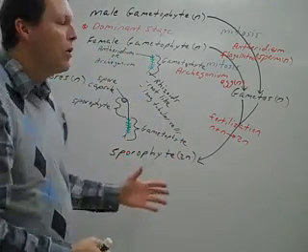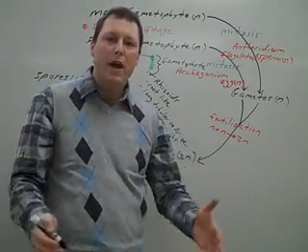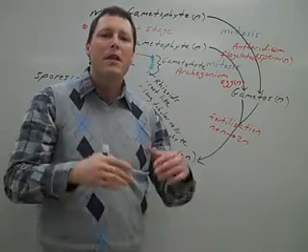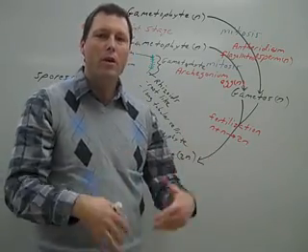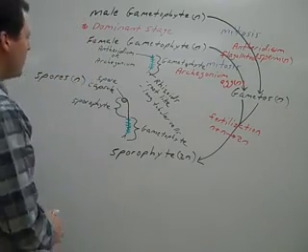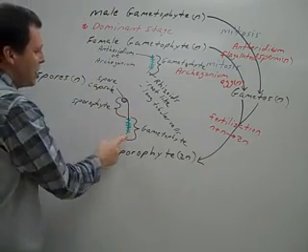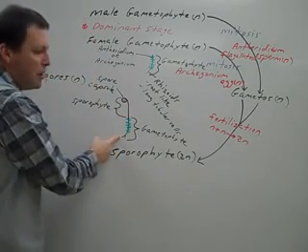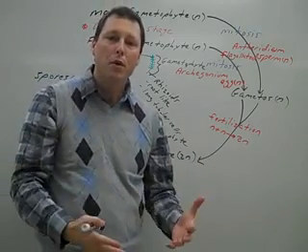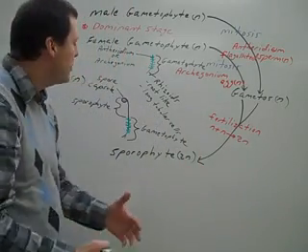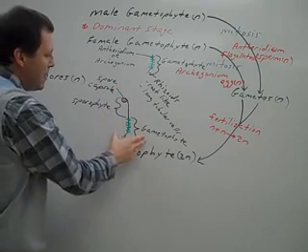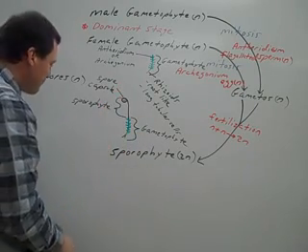They're going to be taken by the wind, and when they fall in a suitable habitat, that's where they're going to germinate and grow into the next generation. But the sporophyte actually depends on the gametophyte for food and for water and for minerals. So it is actually dependent on the gametophyte here.